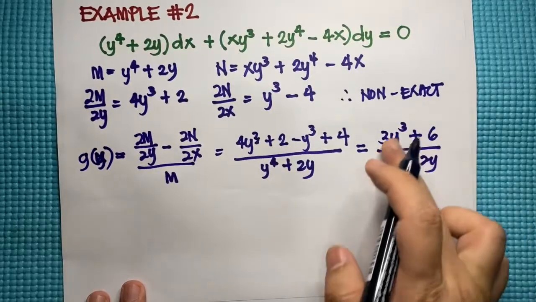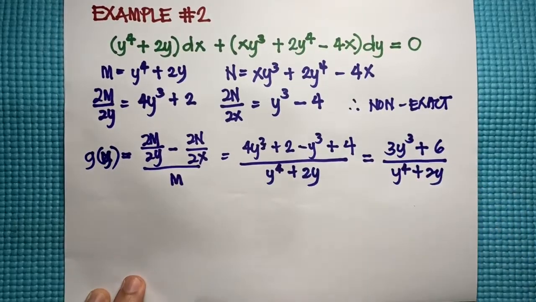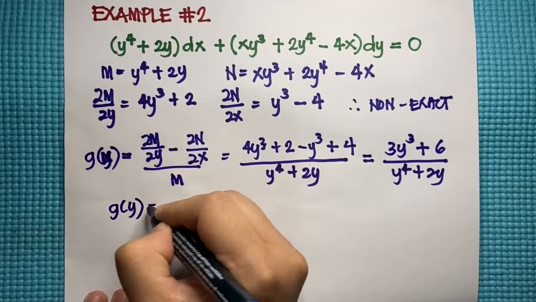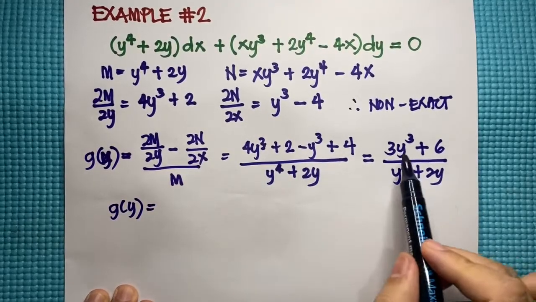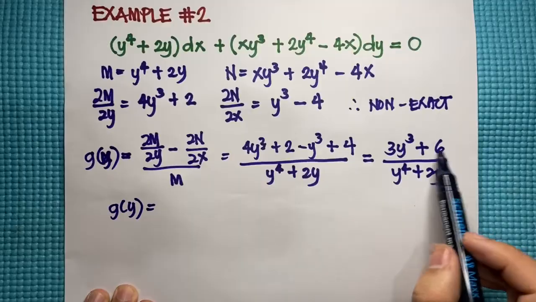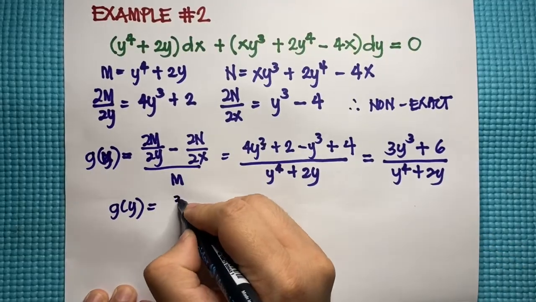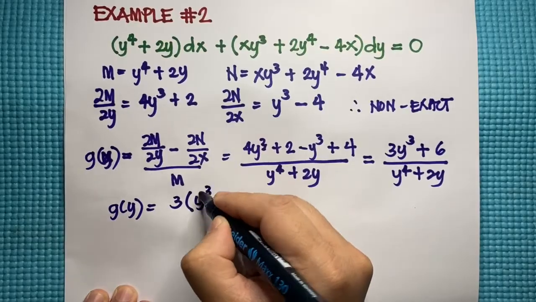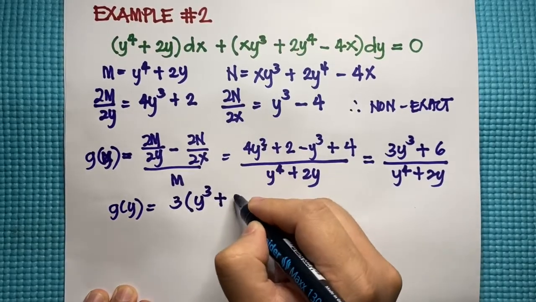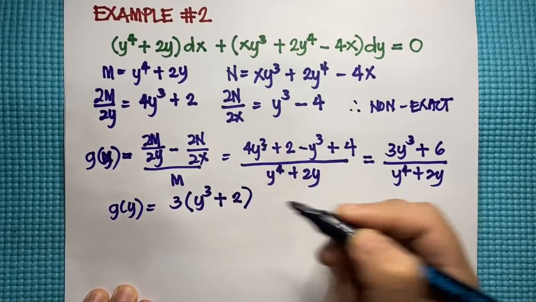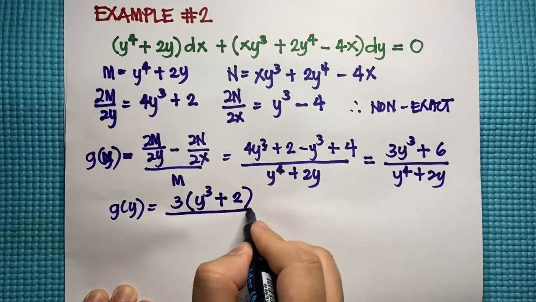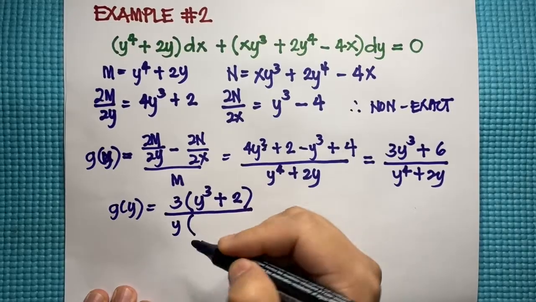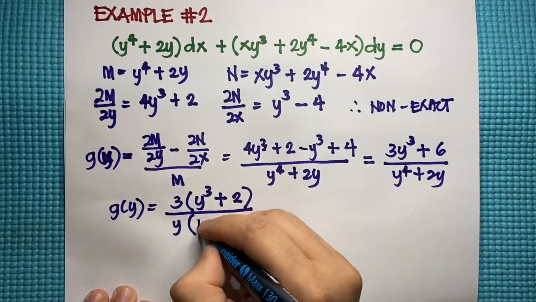However, we can still simplify our given function of y. So g of y here is equal to, I can factor out 3 on the numerator. So 3, and that would be y cubed, and then plus 6 divided by 3, I'll have 2. The same way, the denominator is factorable by y. So y to the fourth divided by y is y cubed.